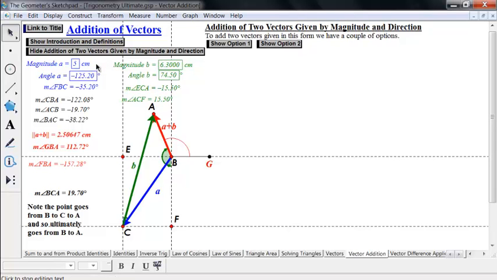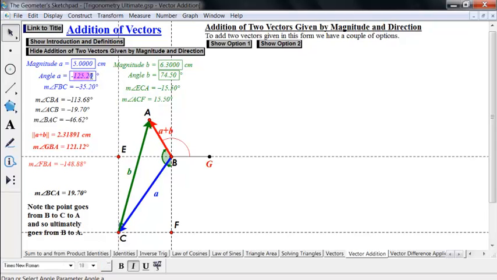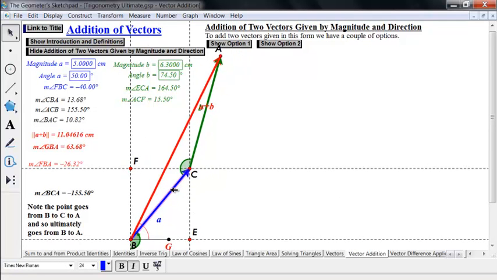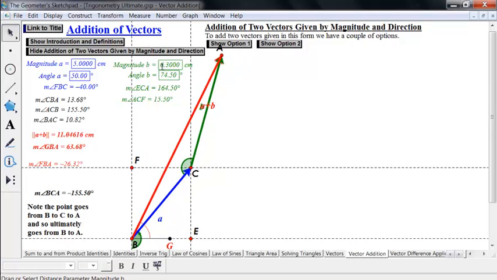Let's just say 5, and let's go at a direction of 50 degrees. And then let's go 7, and a direction of negative 30 degrees.